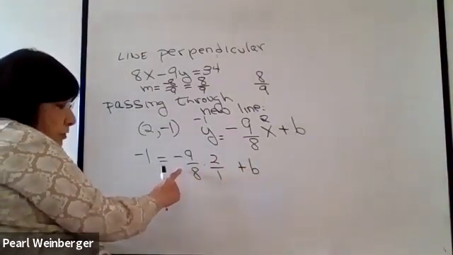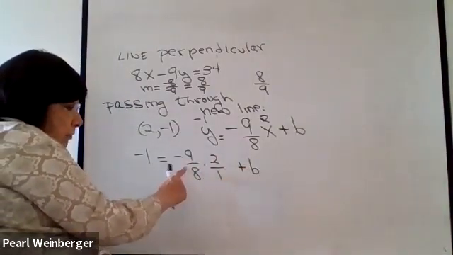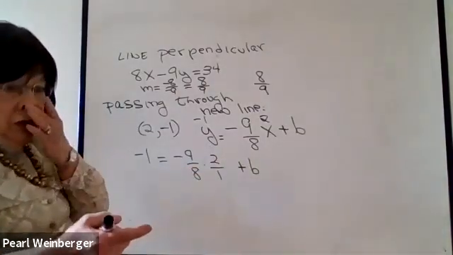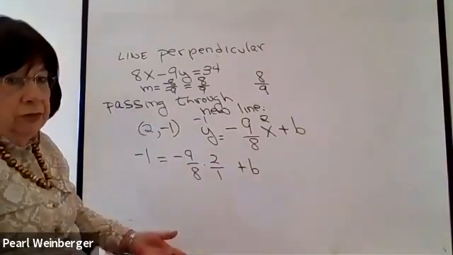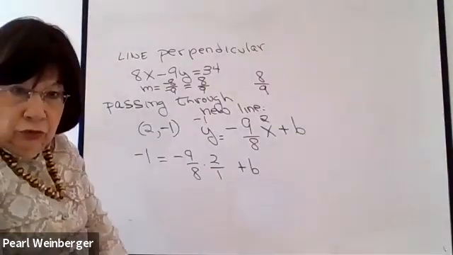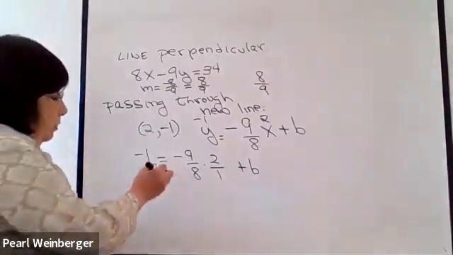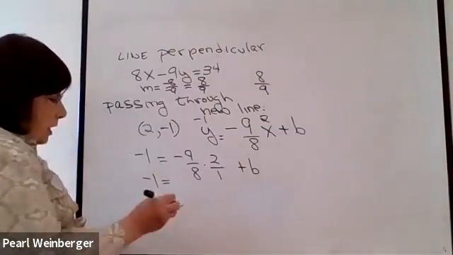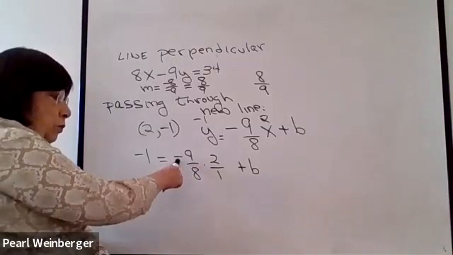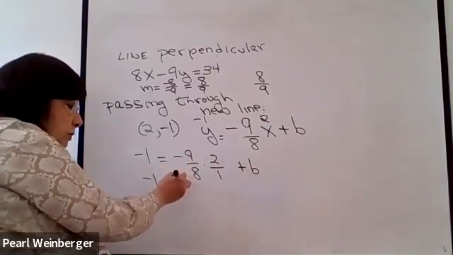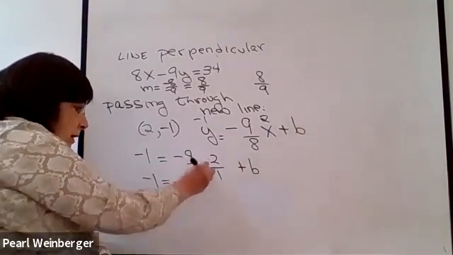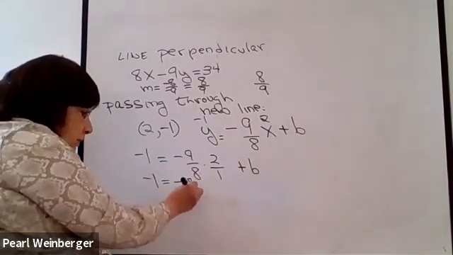I have to first multiply the negative 9 over 8 by the 2 over 1. Now, could you do this on your calculator? Yes, most calculators do fractions. But if you're not too sure about how to do it, let's do it without the calculator. Remember, when we're multiplying fractions, we multiply the tops together, so that becomes negative 18, and the bottoms together, and that becomes 8.